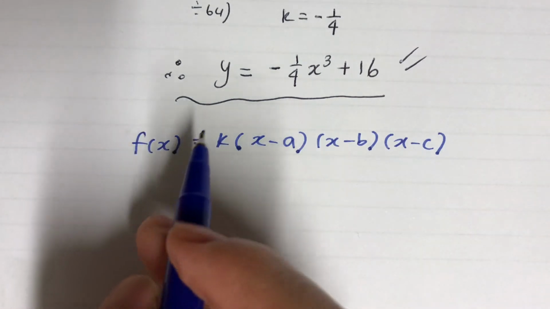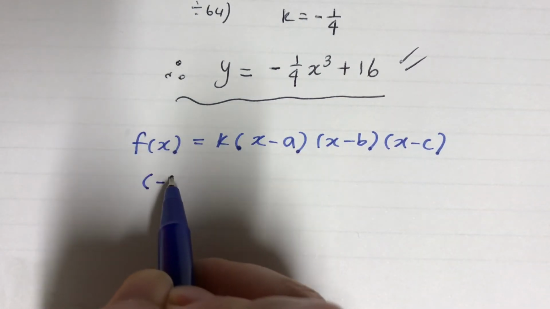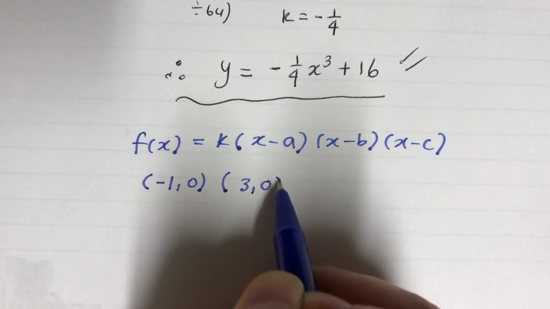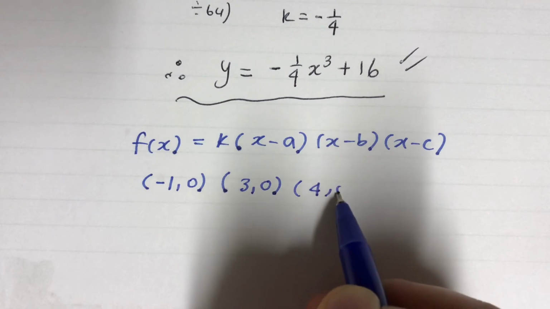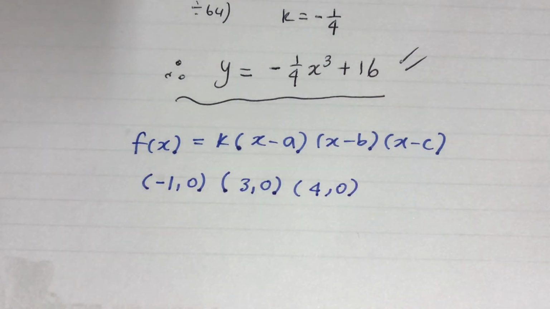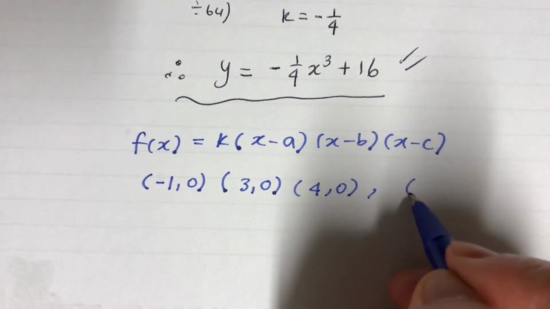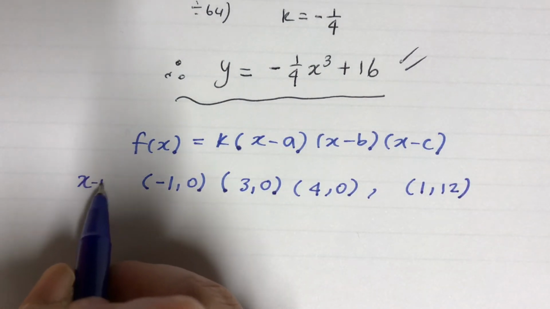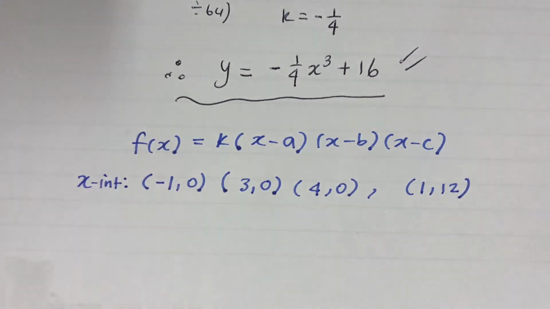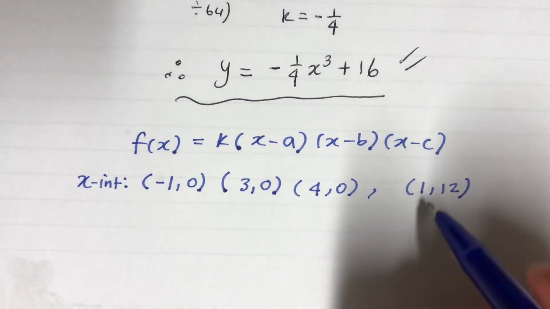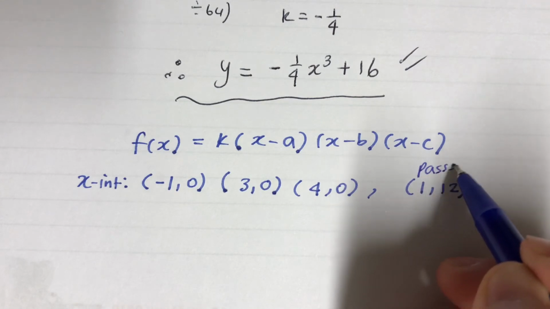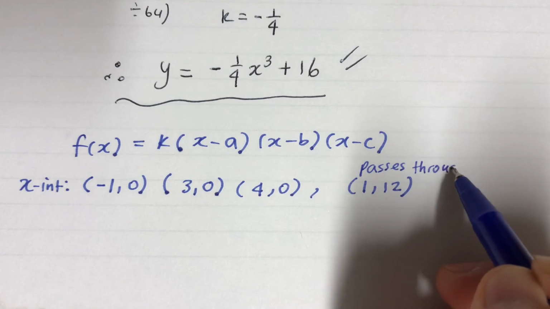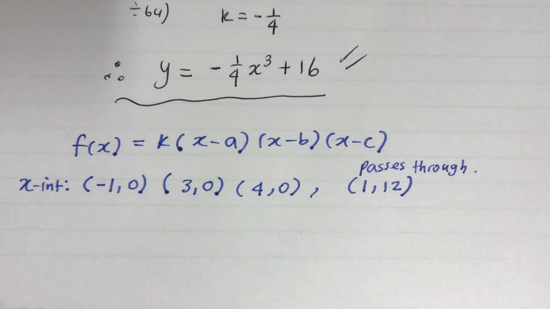There are 3 x-intercepts, minus 1, 0, and 3, 0, and 4, 0, and it passes through 1 and 12.